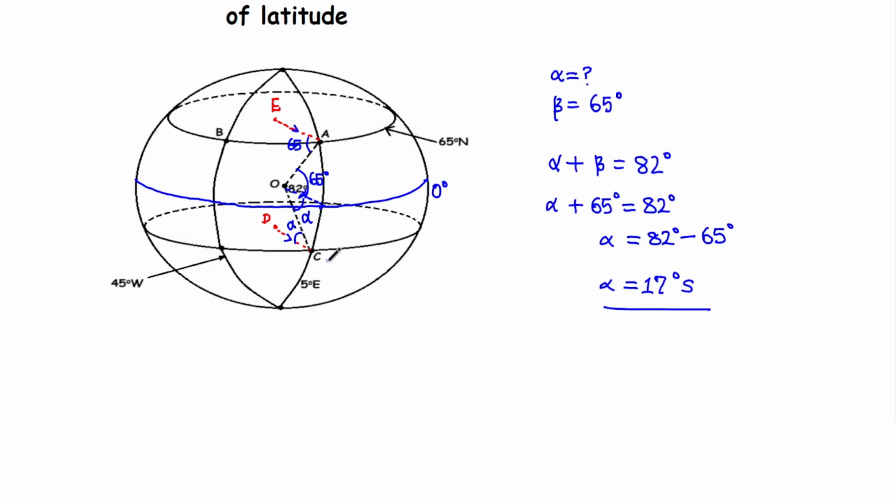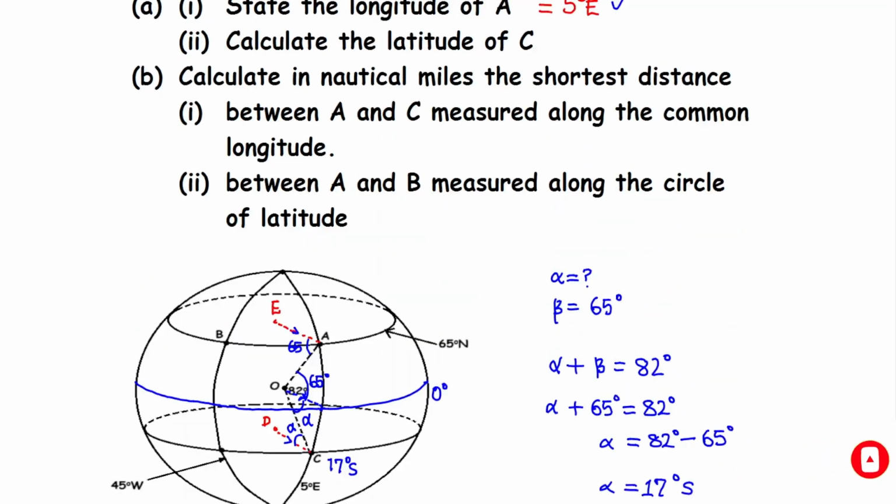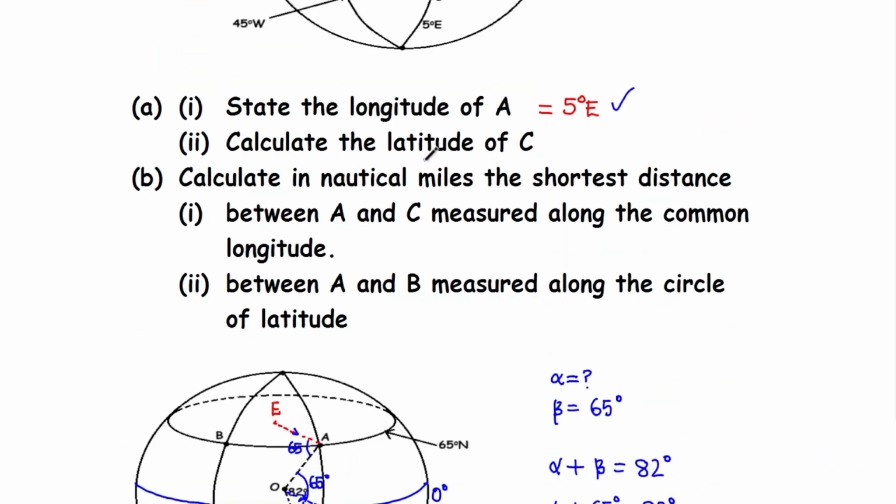Now we can bring it down here and say this is 17 degrees in the southern hemisphere, and that answers the question, which is asking us to calculate the latitude at C.